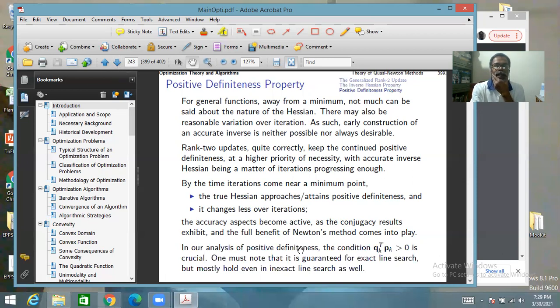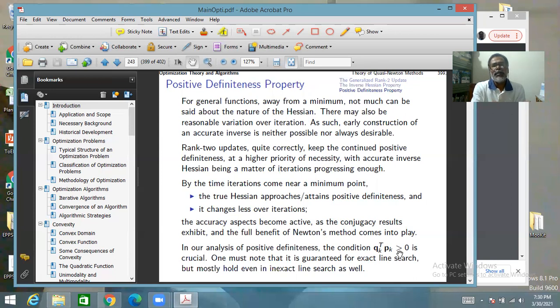So make note that this condition, which was a key point in our analysis of positive definiteness, gets ensured for exact line search. Okay? For inexact line search, how much inaccuracy you allow, based on that, it will get decided whether it turns out to be true or not. Okay.